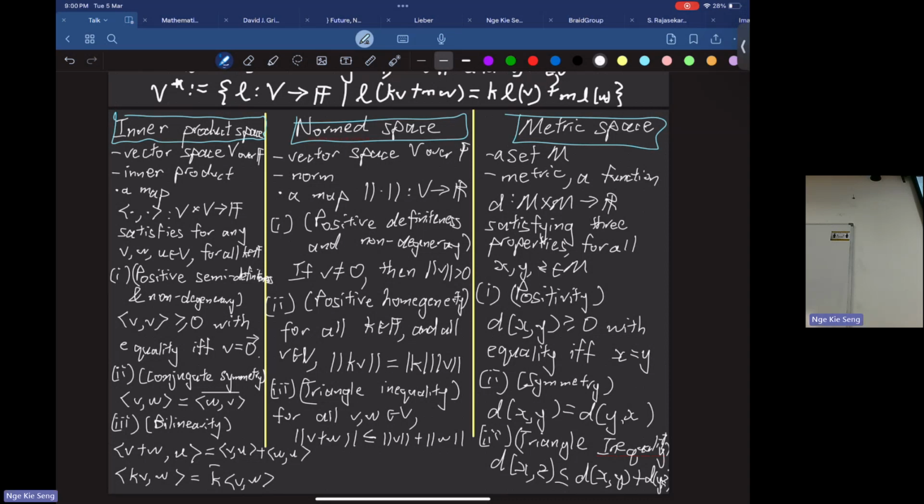So what's the pseudo-metric? First, positivity is violated. It means that there are two different points, but the distance between them is zero. So this is where GR works. It works in a pseudo-metric space.